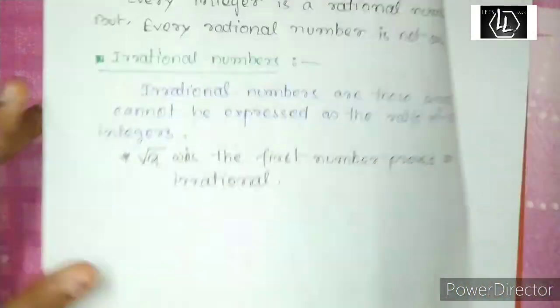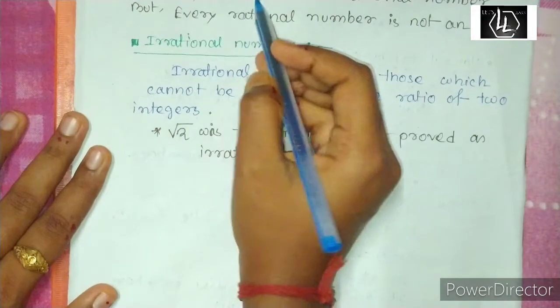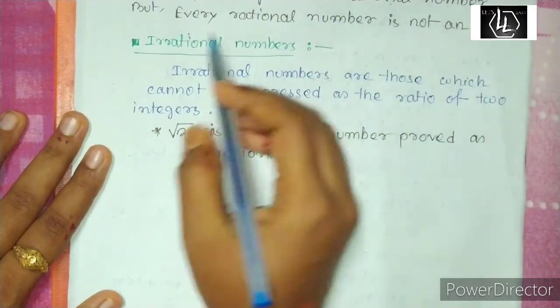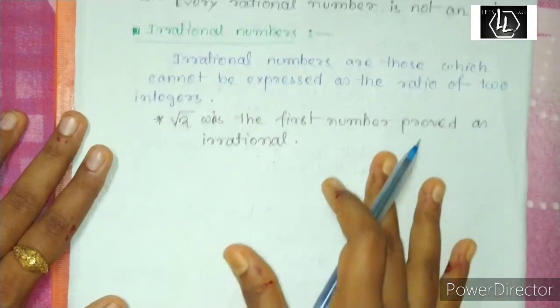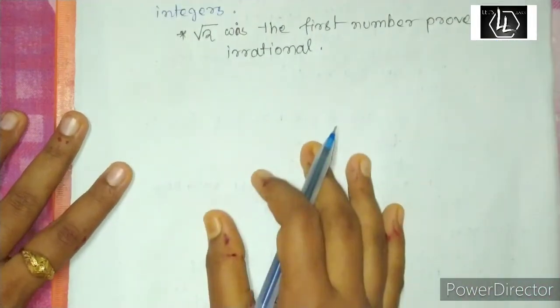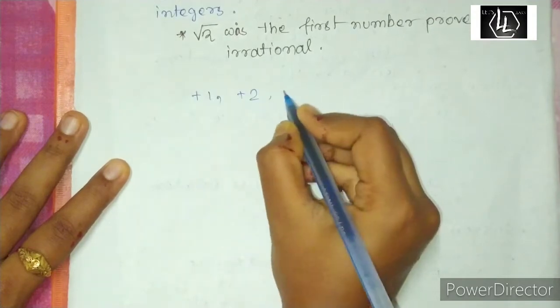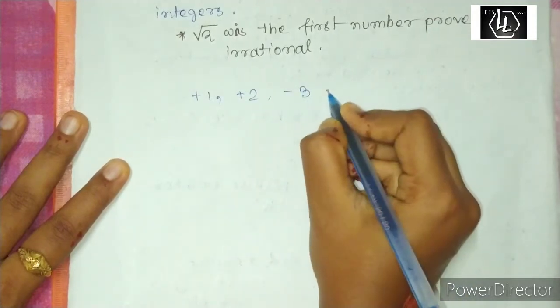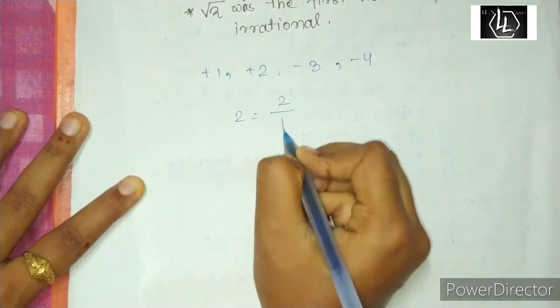Now one important point is every integer is a rational number, but every rational number is not an integer. Like, what are integers? +1, +2, -3, -4. So we can write 2 as 2 by 1.